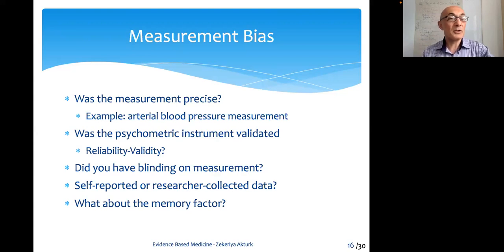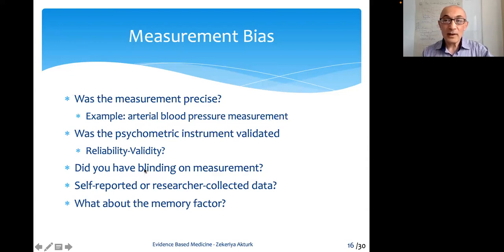Some call them instruments, measuring or intending to measure some psychometric domains related with the health. So also these instruments should be measuring correctly, and we should make sure that they are reliable and valid. They have been tested before.